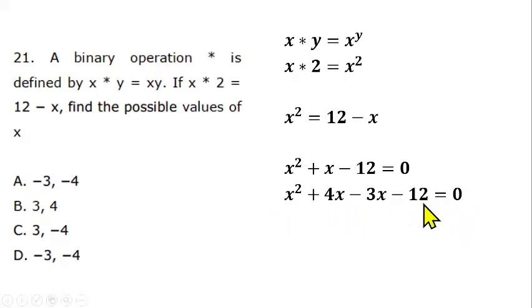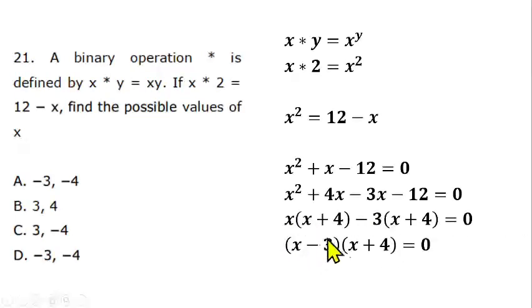I believe you understand what you have done here to get this. Factorize this, you have x into x plus 4. Factorize this, you have minus 3 into x plus 4 equals 0. So this and this come together, we have x minus 3 into x plus 4 equals 0. So that means x will be equal to 3, or x will be equal to minus 4, which is option C.